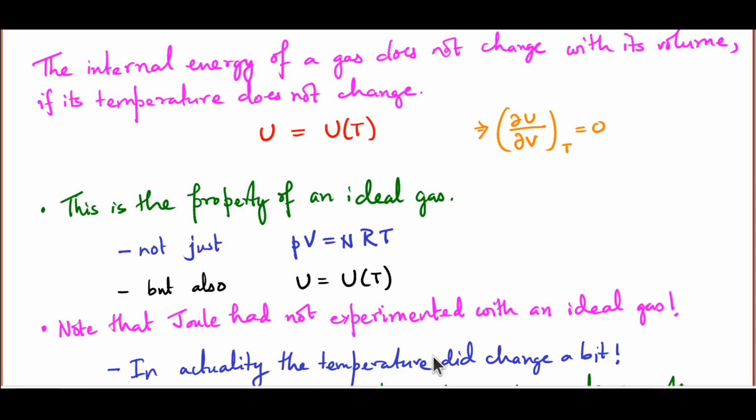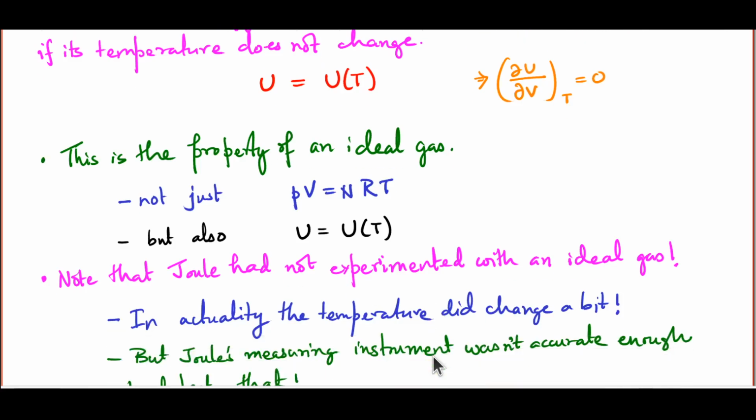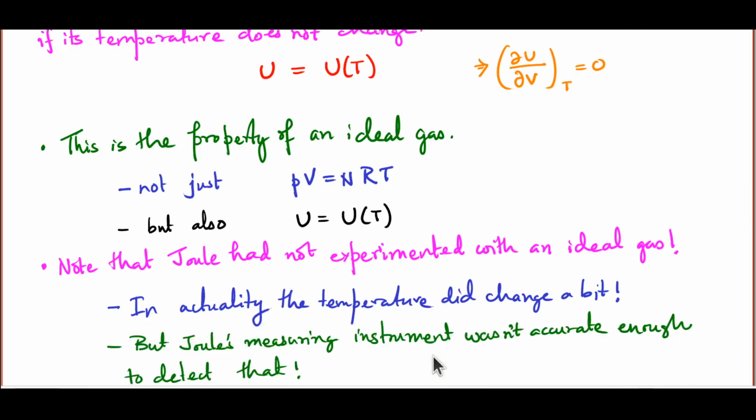And in actuality, the temperature did change a bit in the measurement. But Joule did not have measuring instruments, thermometers, which were accurate enough to detect this. This was very, very lucky.